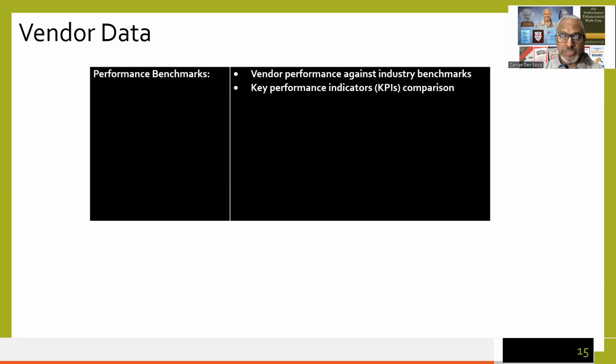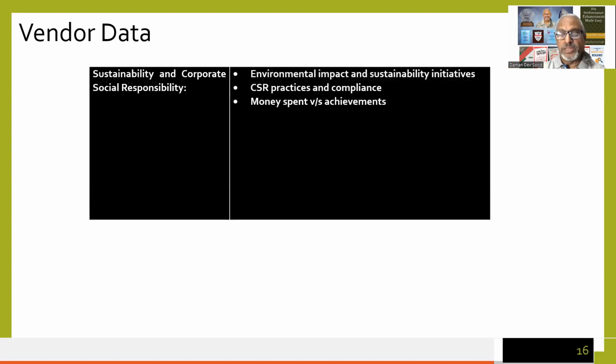Next would be the performance related data. What are the key performance indicators they have kept for themselves, for their business, and how are they faring on those? These could be internal benchmarks between you, the client, and the vendor, or it could be external benchmarks also.